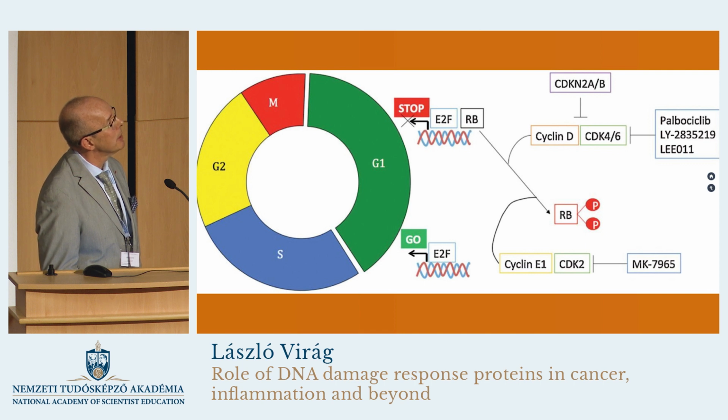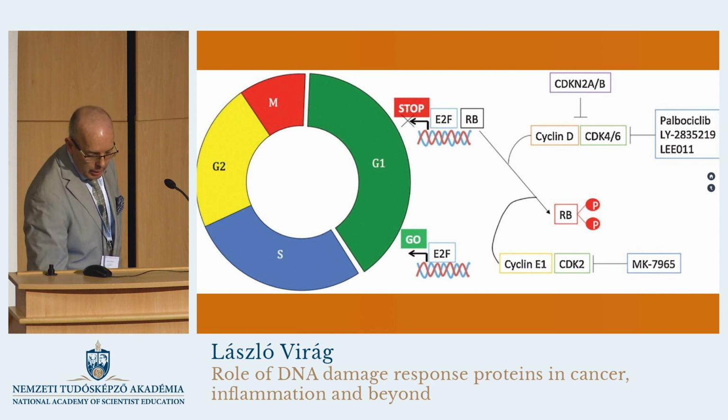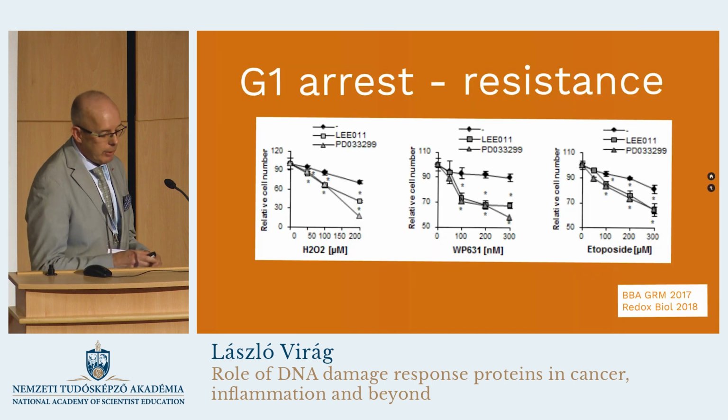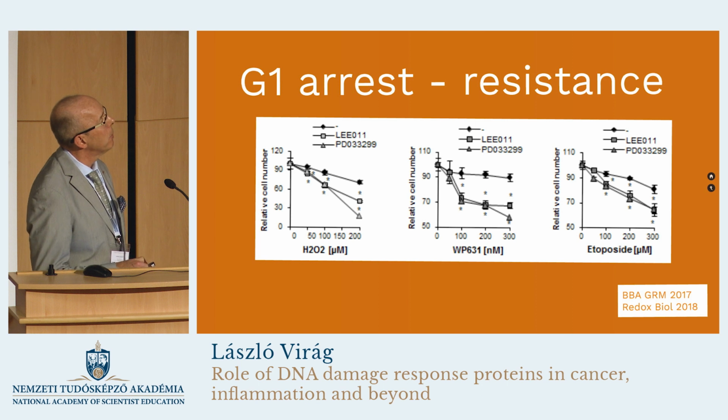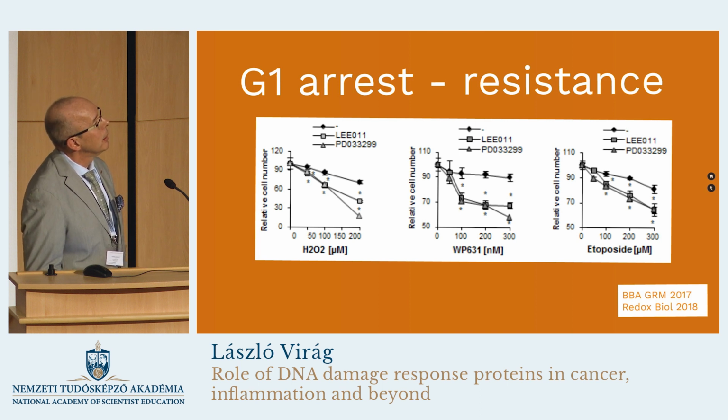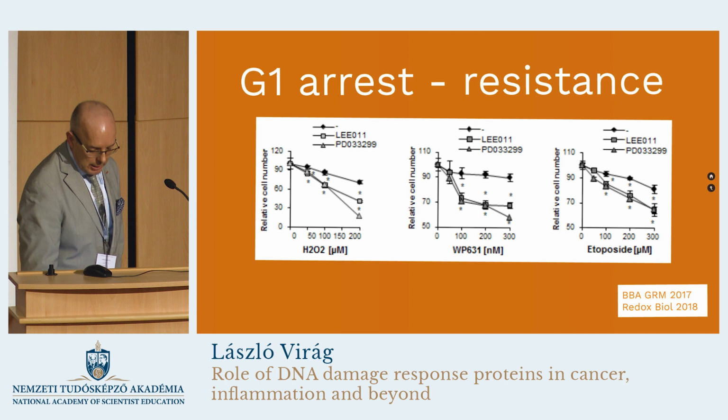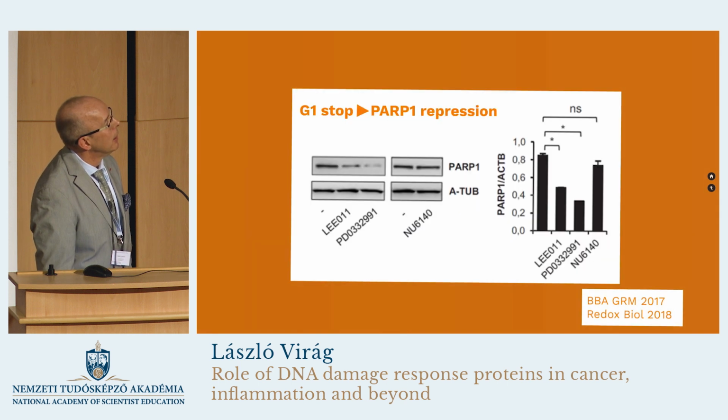So these were the substances that we used to stop cells in this G1 phase, and we wondered how their cell death sensitivity changes. So we applied various genotoxic stimuli, and we found that all of them, so when we stopped the cells in G1, they always became much more sensitive to all of these therapies.